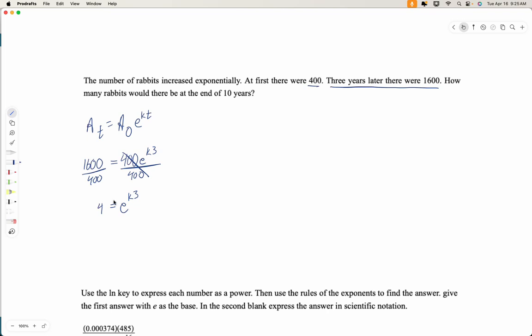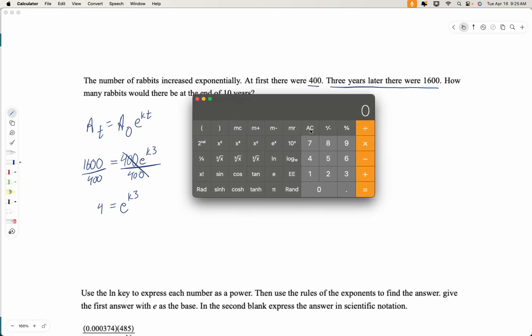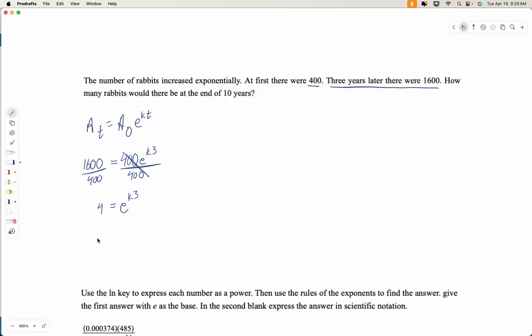All right, so we're going to take this 4 and we're going to make it have the base of e so that we can have some similarity between the two, right? So we're going to clear this and say 4, press the ln key, and that says that we've got 1.39. So e to the 1.39 is equal to e^(3k).